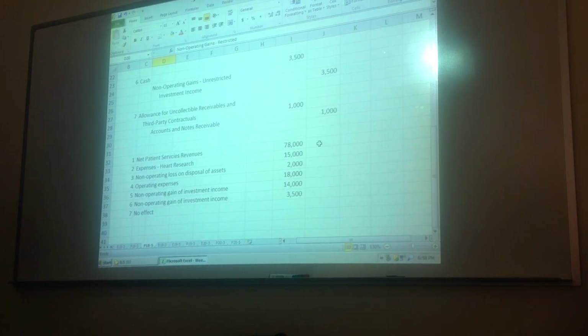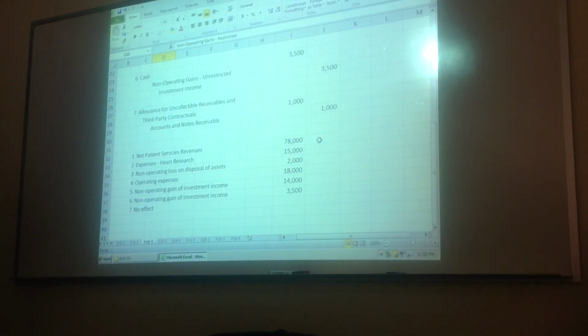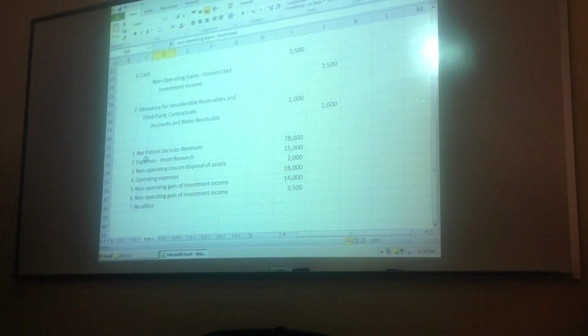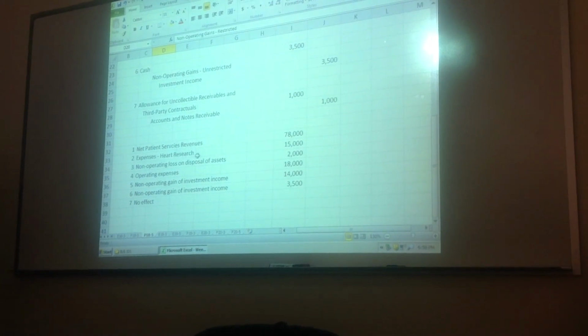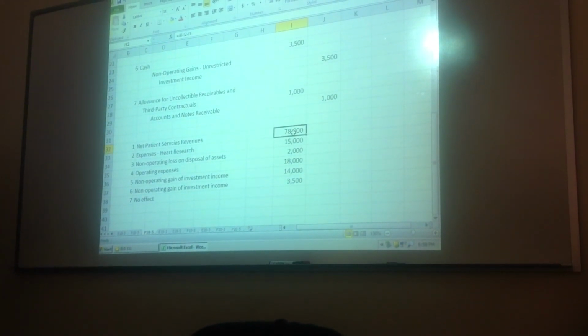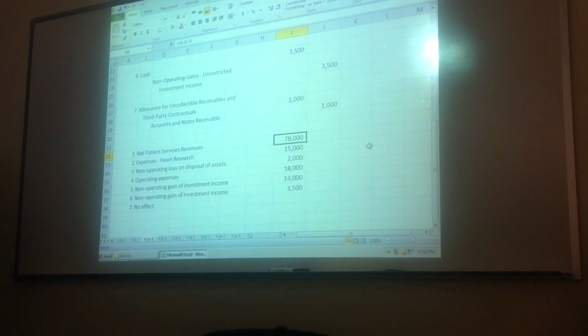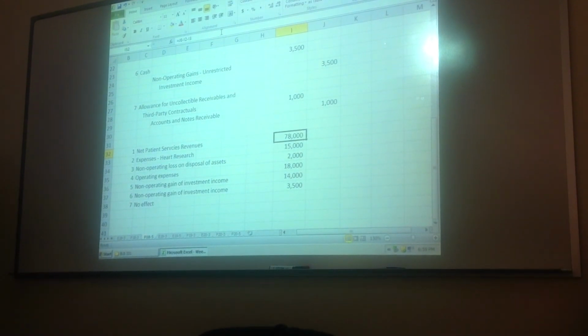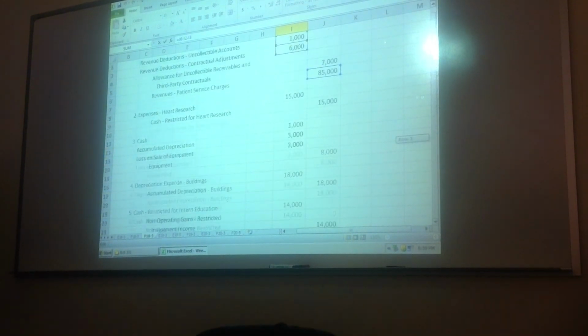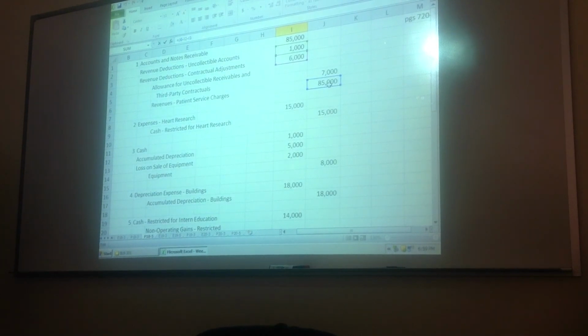It's your income statement, what you would think of as your income statement. So, net patient service revenues would be what would go on your income statement, or your statement of revenue, expenses, and net position, right? And in order to get that number, you have to take the revenue that you booked up in the first transaction and subtract the revenue deductions.